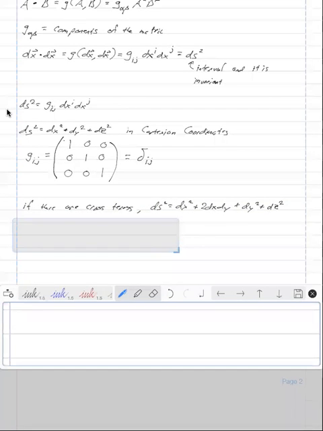And I'll leave it as an exercise for you to infer what the metric would be from that.